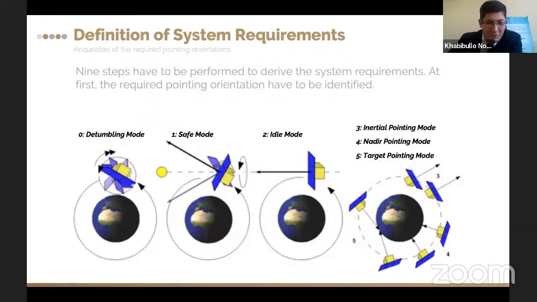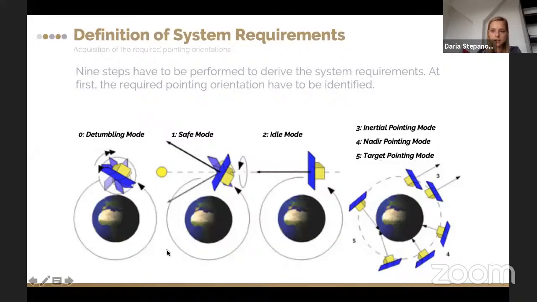Okay. So, attitude determination and control system requirements. First of all, we shall consider what pointing orientations the satellite shall have on orbit. And there are a couple of attitude control modes. The first one is detumbling.